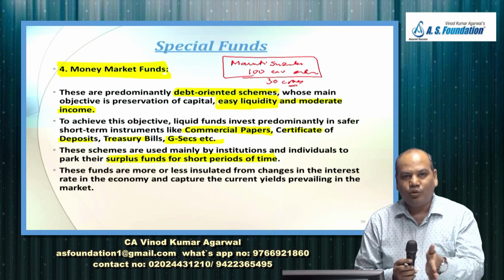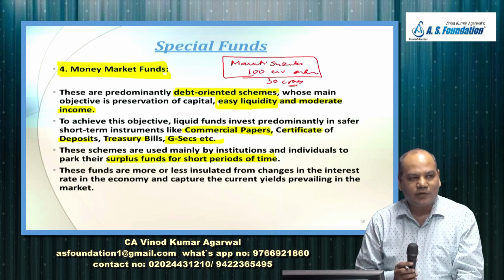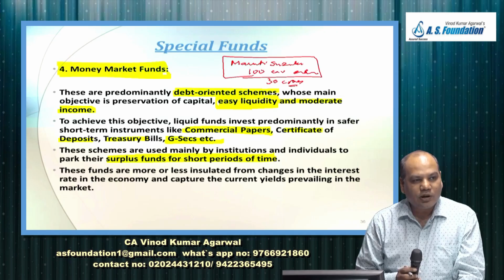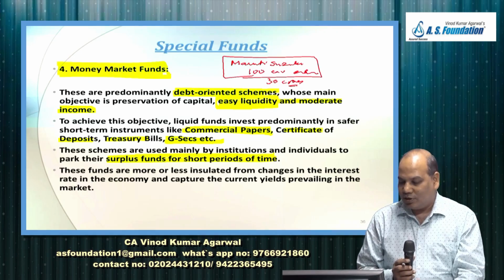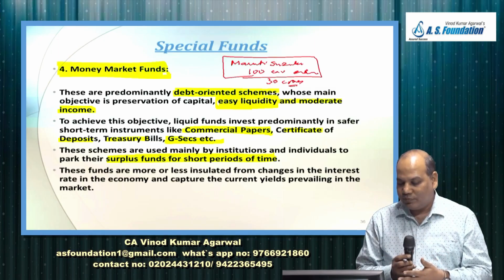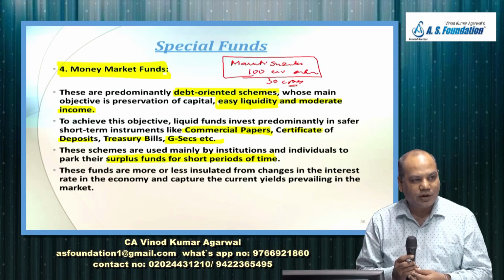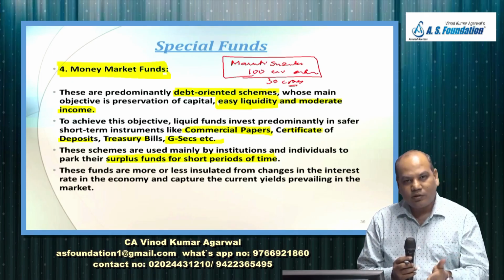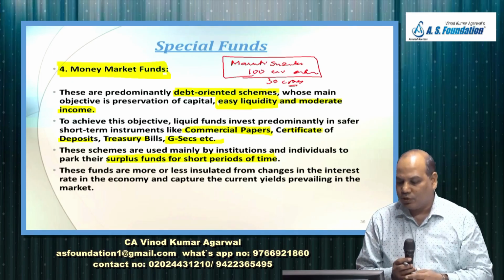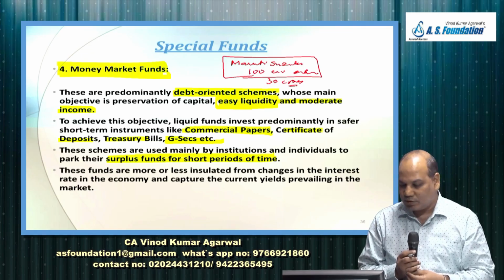You will spend it over the next 1 month in manufacturing cars. So till that time, what will you do? Park it in the money market fund and you will get some return. Whatever returns this commercial paper, certificate of deposit generate, the mutual fund will earn and the mutual fund will pass it on to you after deducting their expenses.